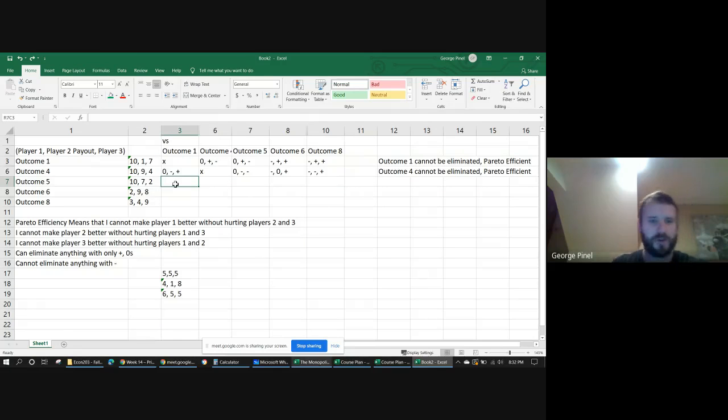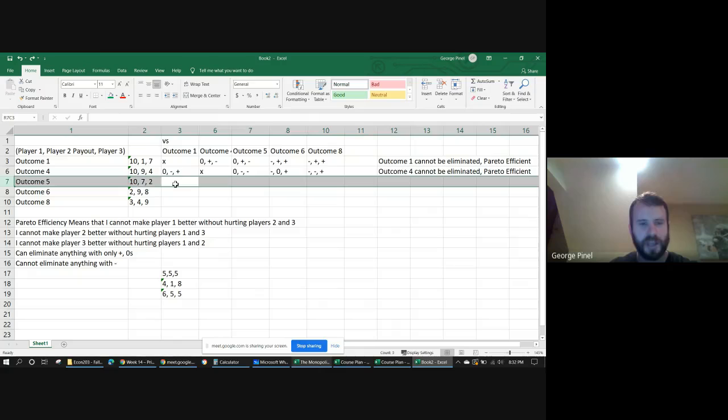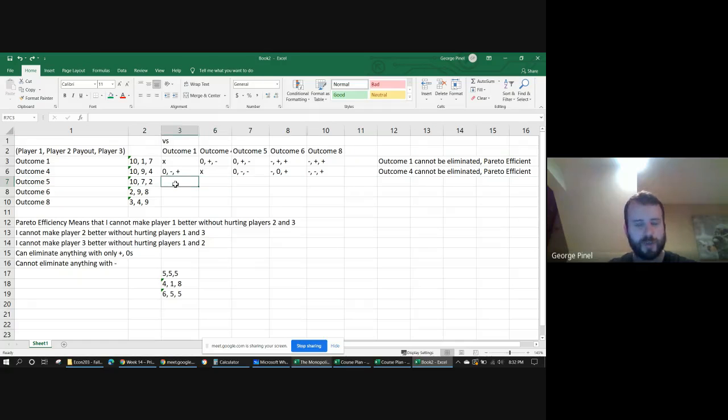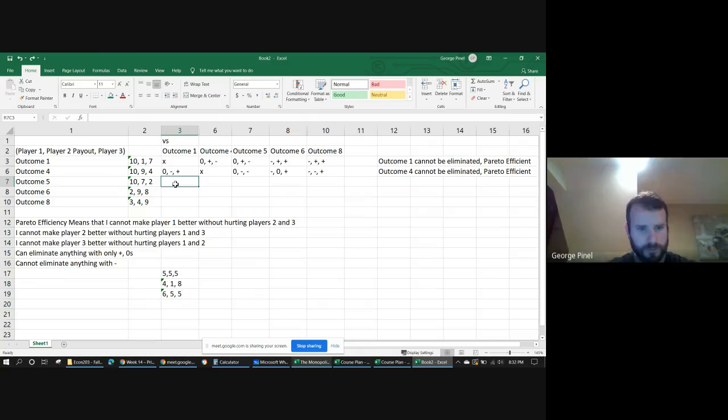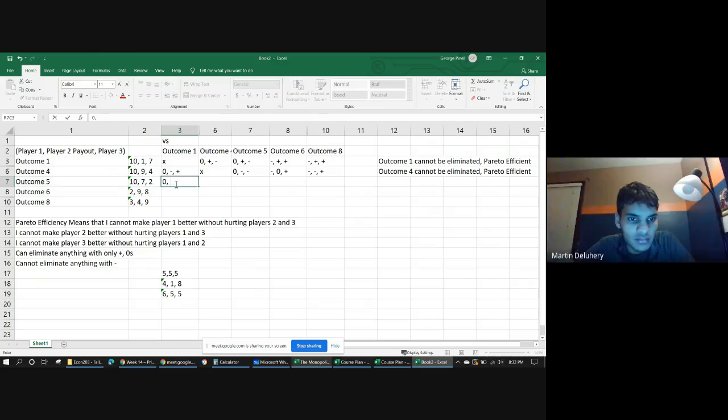Let's go back to outcome 5, and we want to see if outcome 5 is Pareto efficient. So we're going to compare it against 1, 4, 6, and 8, the remaining allocations. So 10 is 0. 7 to 1 is less, so negative. And then 2 to 7 is a gain.